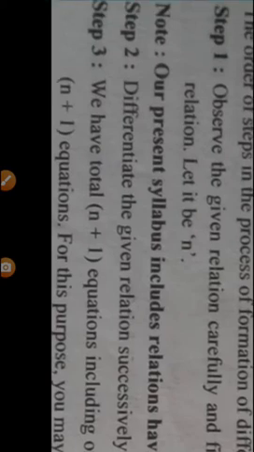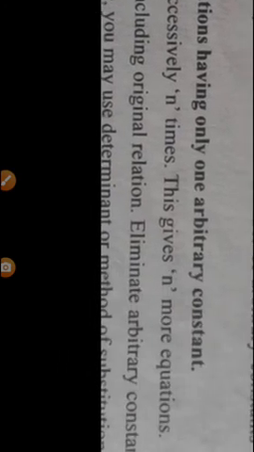Means if one arbitrary constant is present, then take only one derivative of the given relation, and if two arbitrary constants are present, then take two derivatives of the given relation.